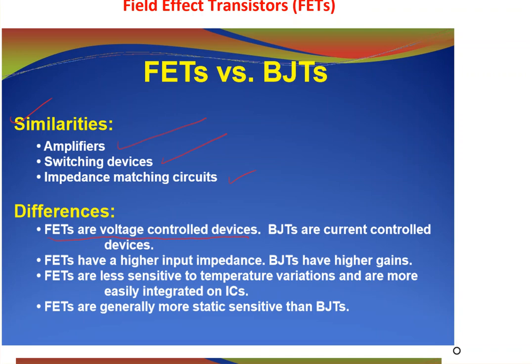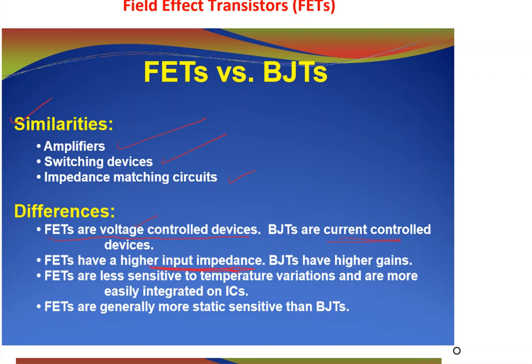If you remember, we control the on-off based on the current that we are going to have. Here, the control factor of the operation of our field effect transistor will be the voltage itself. Field effect transistors have higher input impedance.